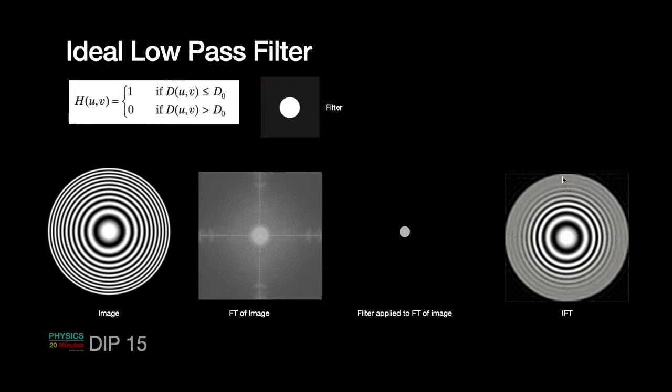High frequency rings are suppressed completely. Where would you stop? That decides how big this filter is. If your D0 is large, then you will take many lines inside. If your D0 is very small, then you will eliminate further lines on the periphery.